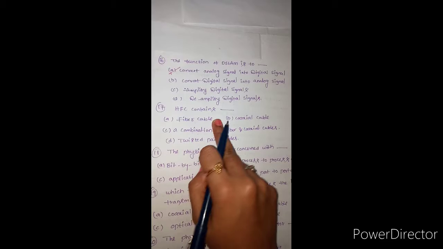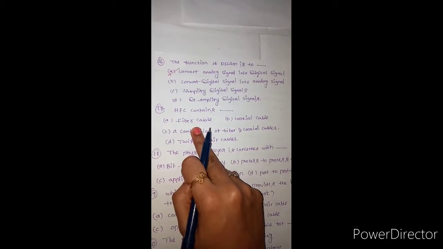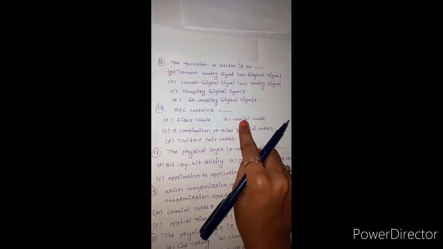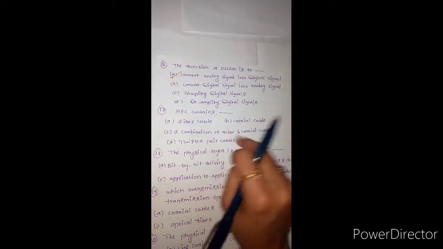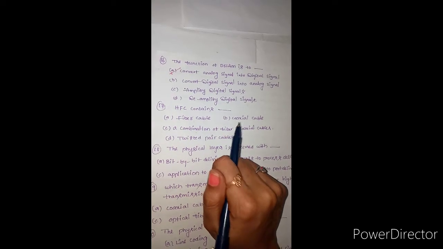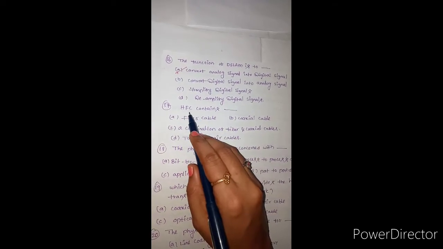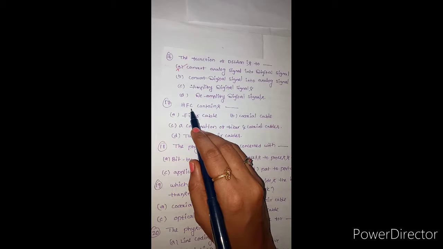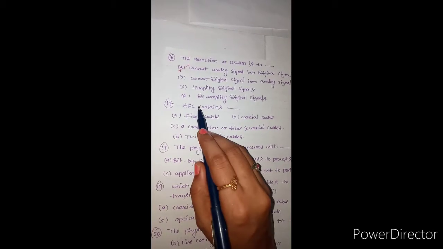Next one, HFC contains dash. Options: Option A, fiber cable. Option B, coaxial cables. Option C, combination of fiber and coaxial cables. Option D, twisted pair cables. Here HFC stands for hybrid fiber coaxial, a term in the telecommunication industry.